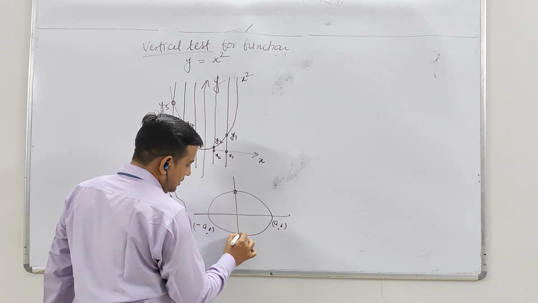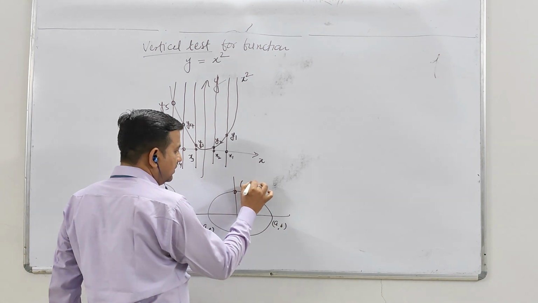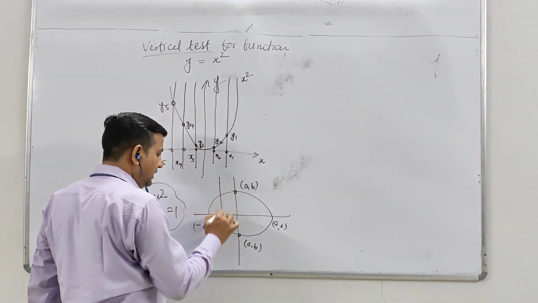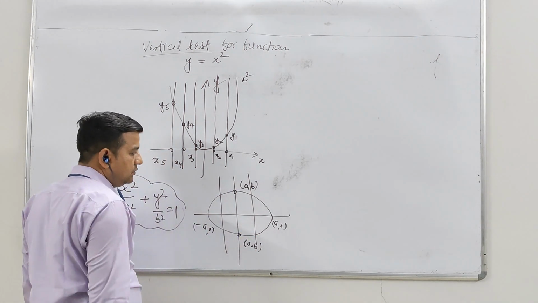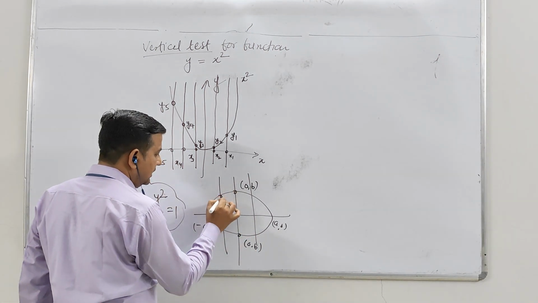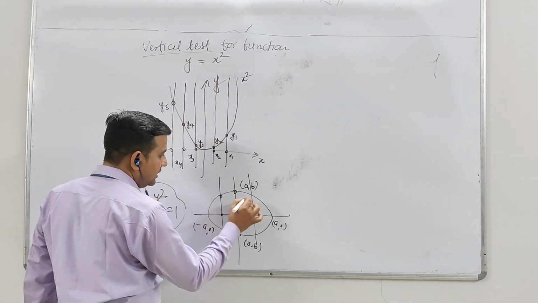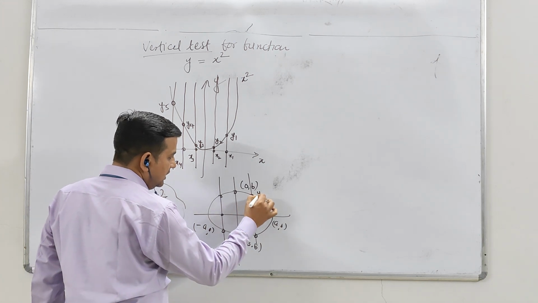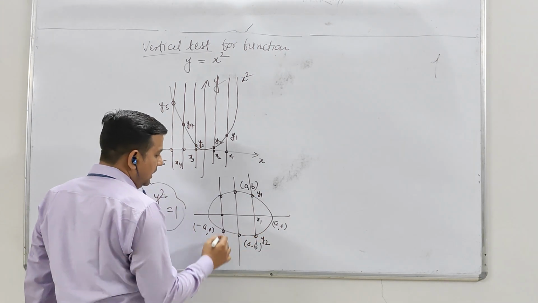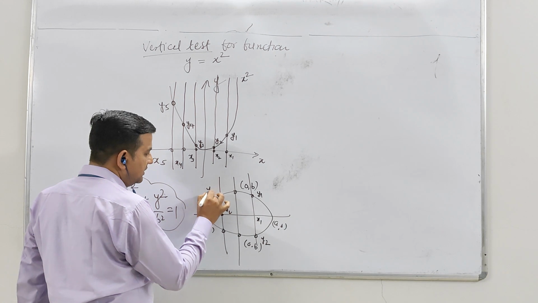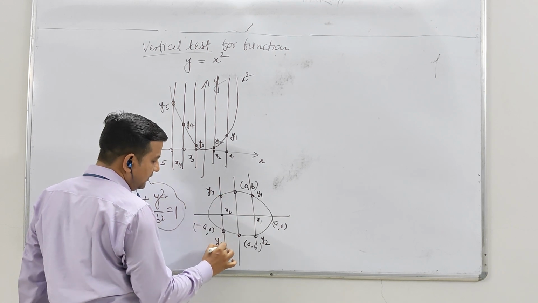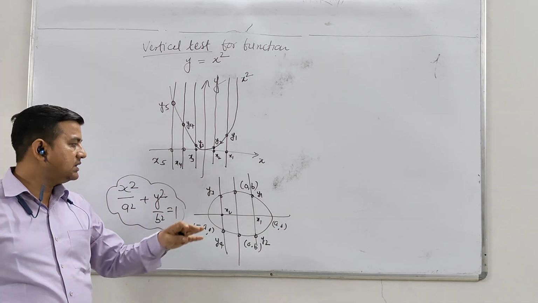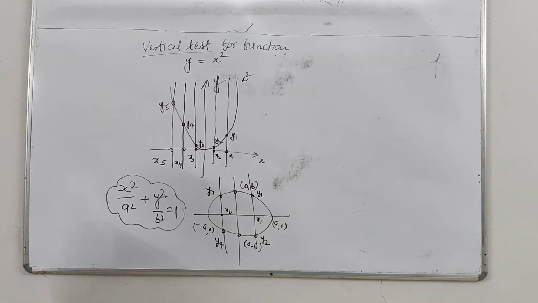The minor axis has endpoints 0 comma b and 0 comma minus b. If we draw any line parallel to the y-axis, then at a single input it generates two different outputs. Suppose it is x1, then it generates y1 and y2. For x2, it generates y3 and y4. So here the input is converted into two outputs.